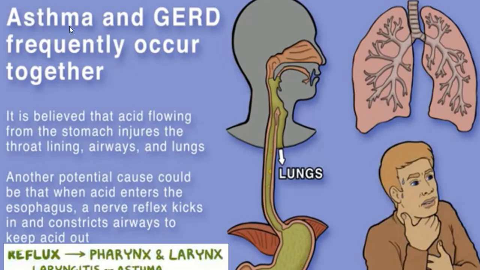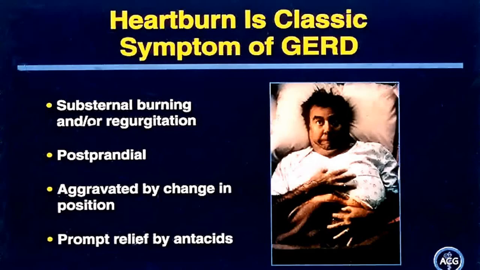So asthma is quite common. It can also involve the pharynx and larynx, and acid reflux into the trachea can produce spasm and asthma-like symptoms. Heartburn is the classical symptom of GERD.